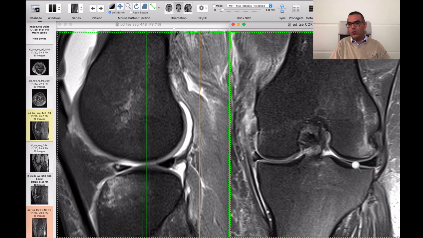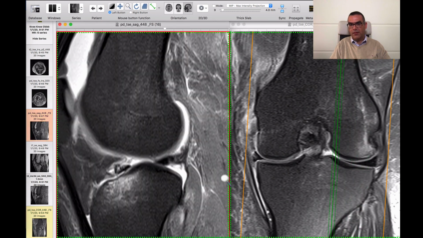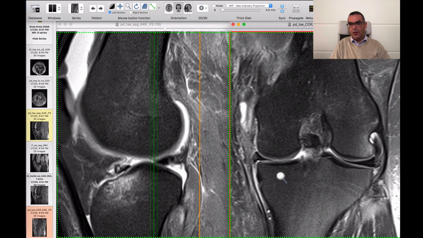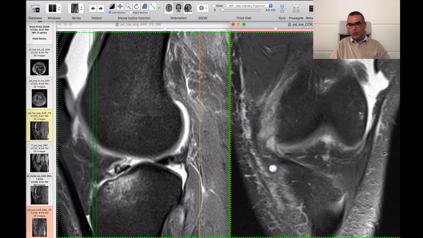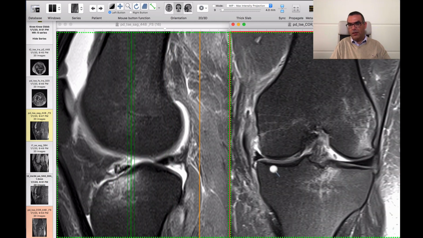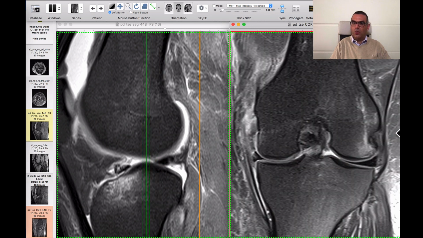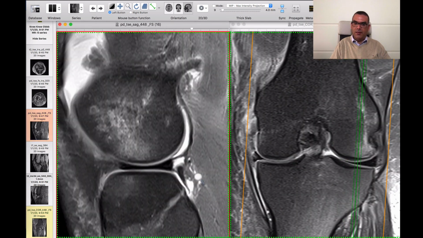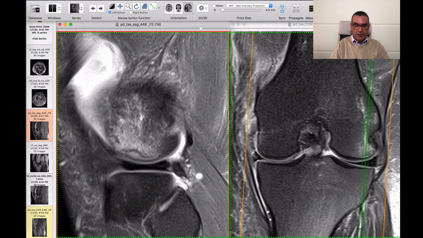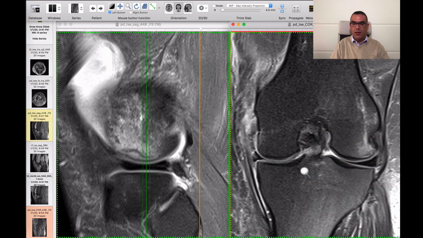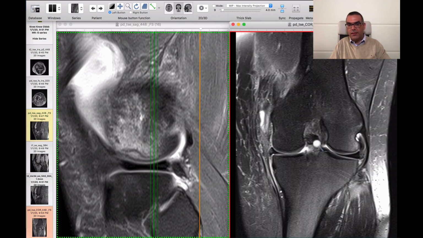If you see the coronal, you can suspect there is partial, of course, discoid configuration of the lateral meniscus as well, because you don't see posterior horn, anterior horn, and body. You just see it more or less. The body is very big and the rectangular shape is rather preserved. This is a partial discoid configuration of the lateral meniscus.